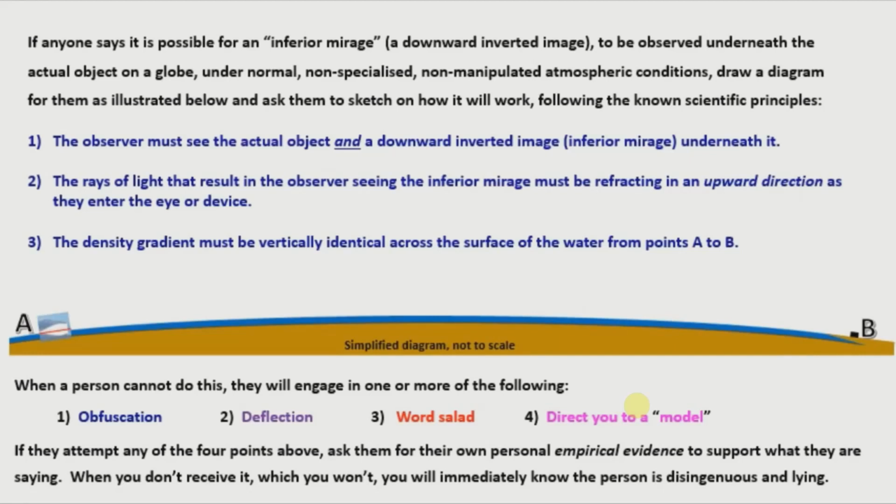The density gradient must be vertically identical across the surface of the water from points A to B. When a person cannot do this, they will engage in one or more of the following: obfuscation, deflection, word salad, direct you to a model. If they attempt any of the 4 points above, ask them for their own personally empirical evidence to support what they are saying. When you don't receive it, which you won't, you will immediately know the person is disingenuous and lying.